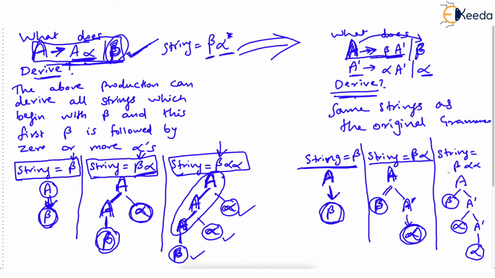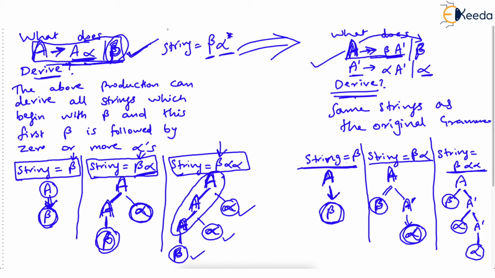But can we derive beta followed by two alphas? Just check this tree. A gives beta A dash, then A dash gives alpha A dash, and A dash gives alpha. Please try to understand both grammars are equivalent, but the right hand side grammar does not have left recursion.